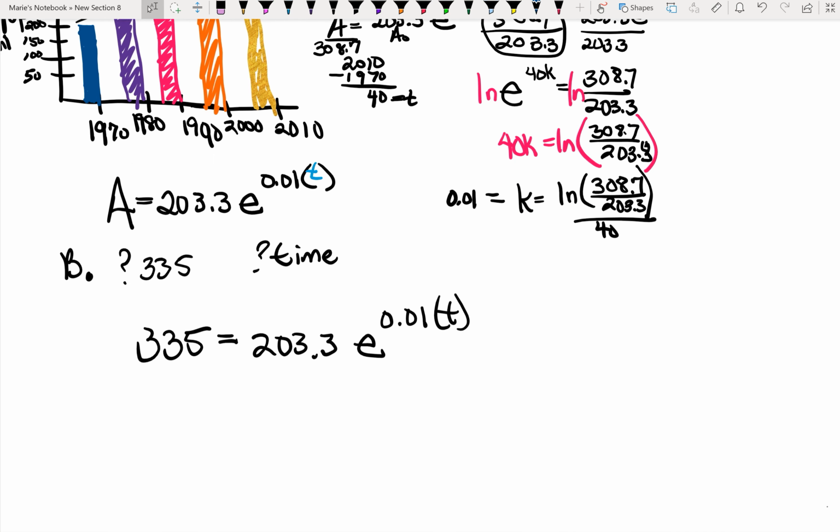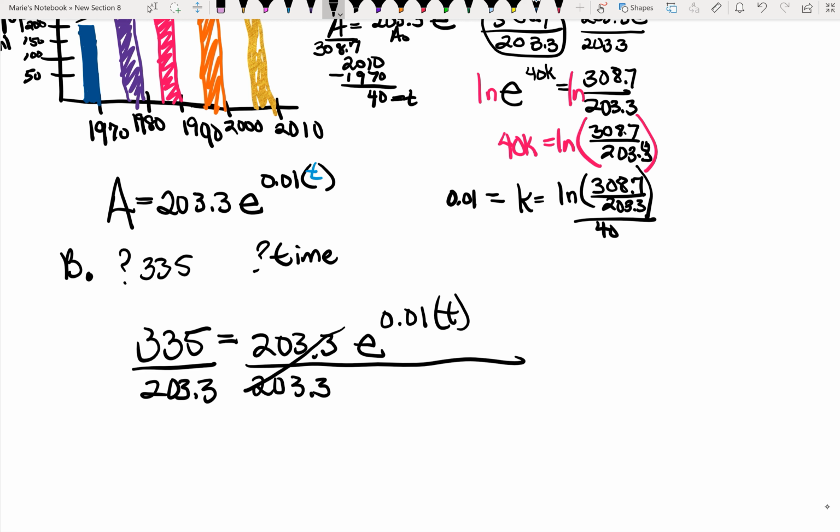So we begin with a similar process. We're going to divide all of this by 203.3 on both sides. Okay, and that'll cancel, obviously, leaving you basically e to the 0.01 t is equal to 335 divided by 203.3.